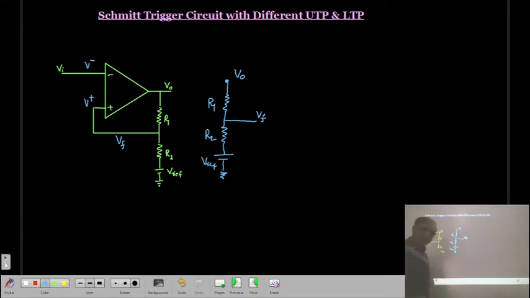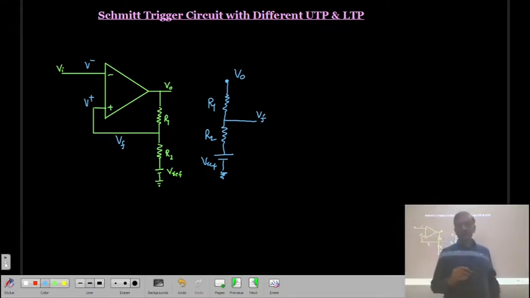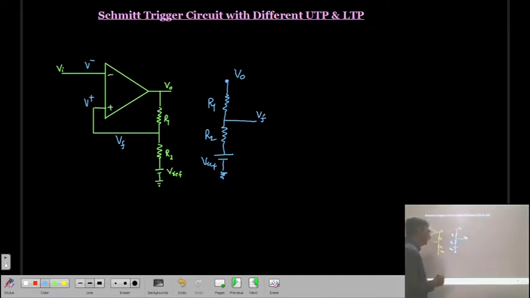According to the superposition principle, we have two voltage sources, VO and V reference. We keep one source connected to the ground and calculate the feedback voltage. Then the other voltage source is connected to the ground and we calculate the feedback voltage again. The summation of these two voltages will give you Vf.